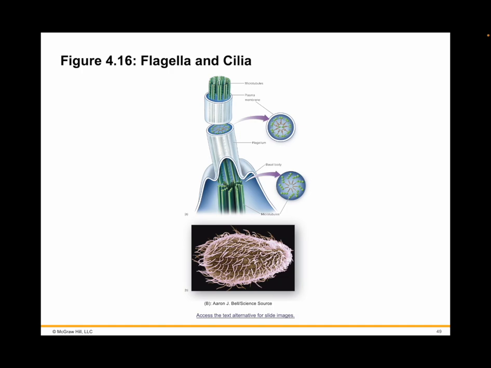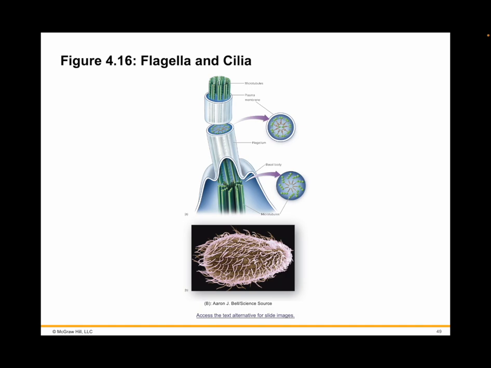Some eukaryotic cells contain flagella. And if you look at figure 4.16a, you'll see that flagella are there, and what they're used for is movement. And cilia do not differ from flagella in their structure, but they differ in their function.